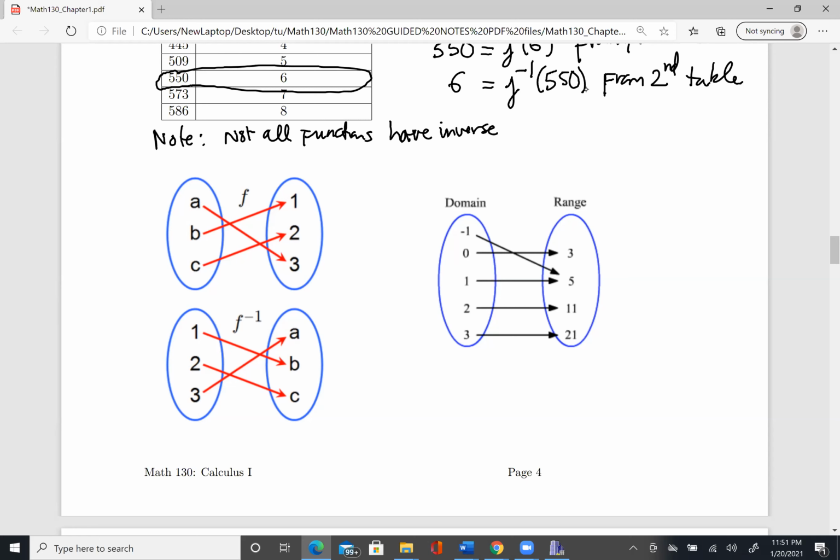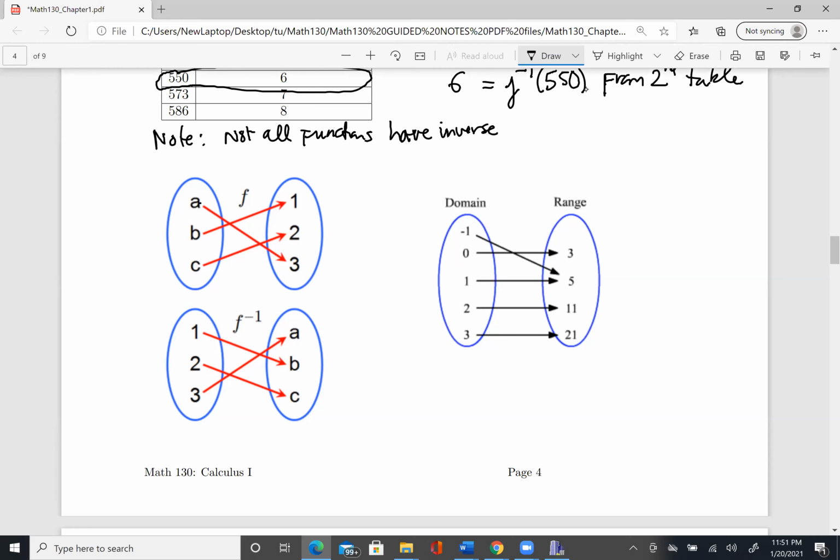For the left hand side over here, this f, for one input you're going to get one output.